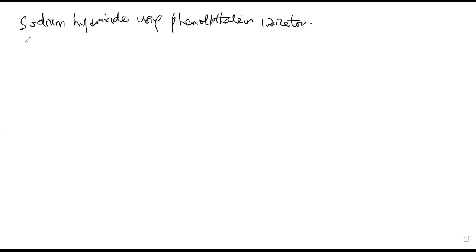Now here we shall have our butane dioic acid, C2H4, being dioic. It means we have carboxyl groups, two of them.